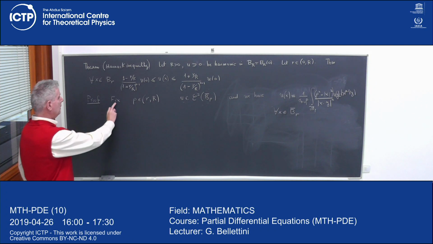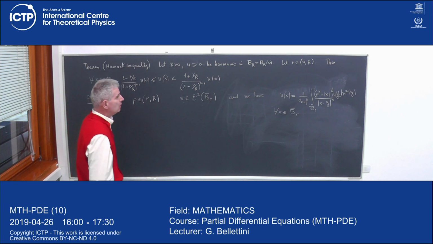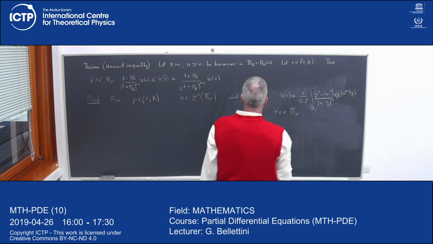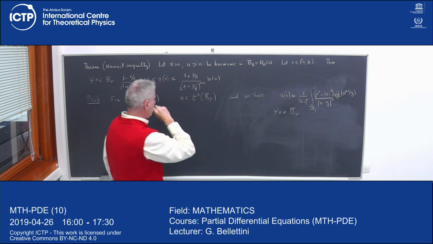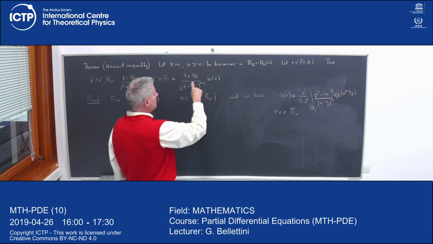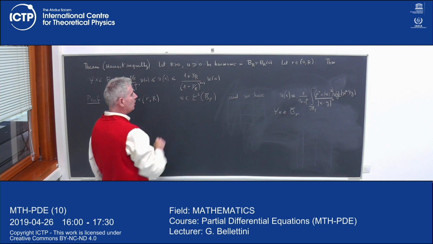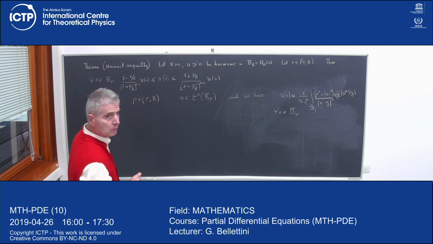And I'm starting with the proof. So I fix an intermediate rho. I have small r and capital R, and there is rho. And then U is harmonic in the big ball, so it is surely very smooth up to the closure of the intermediate ball.